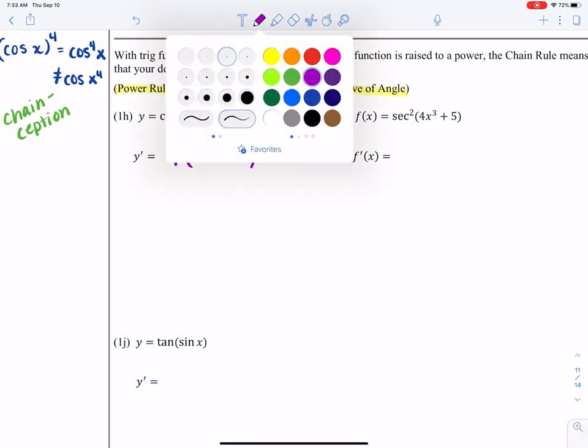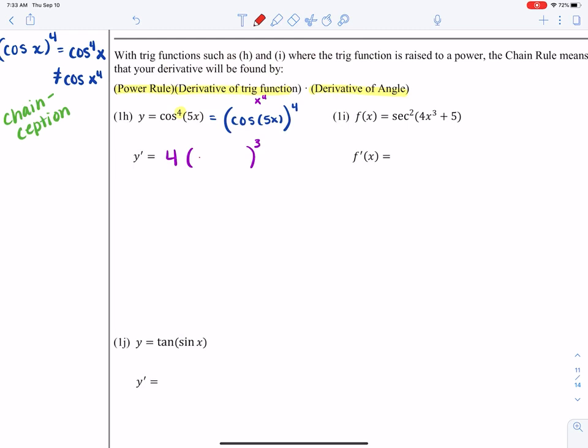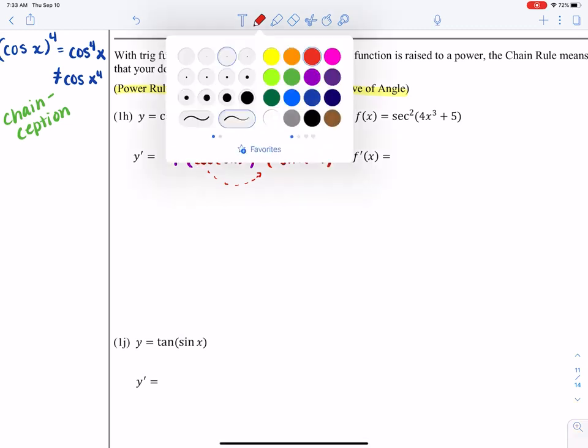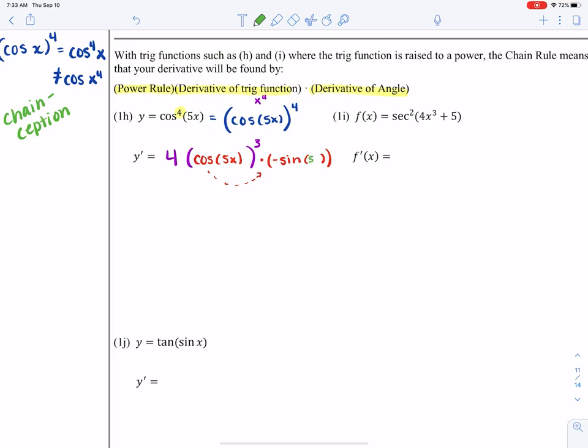Now what's the stuff? The stuff stays cosine of 5x, one layer at a time. Then we're going to multiply by the derivative of our cosine, which is going to give us negative sine of stuff. Well, what's the stuff? The stuff stays 5x. Then we multiply by the derivative of 5x and get 5.